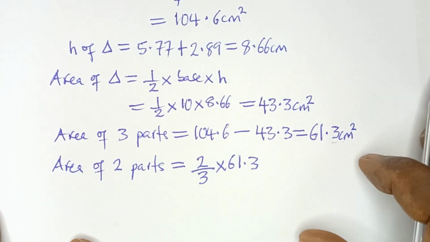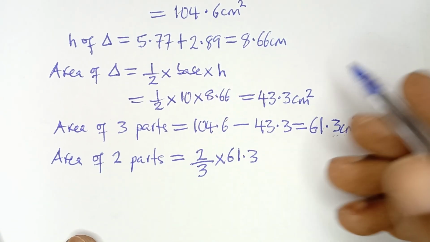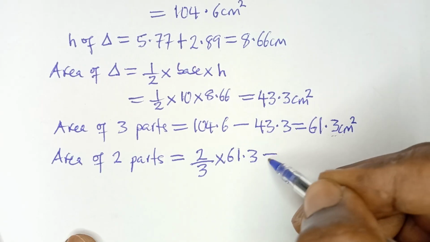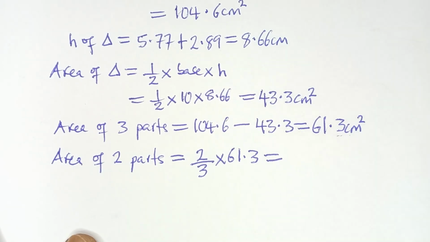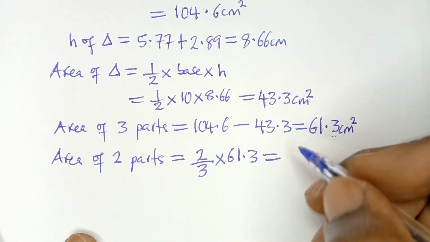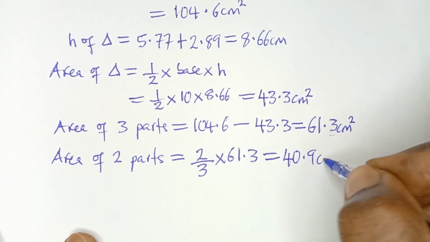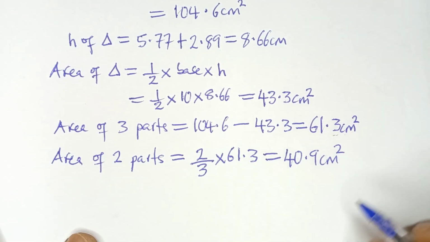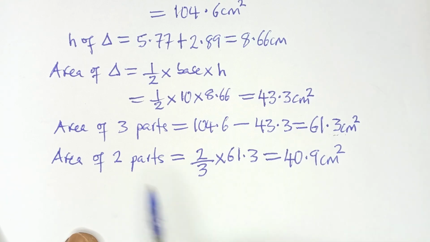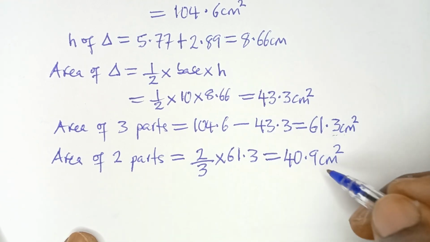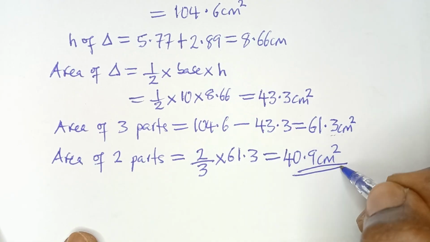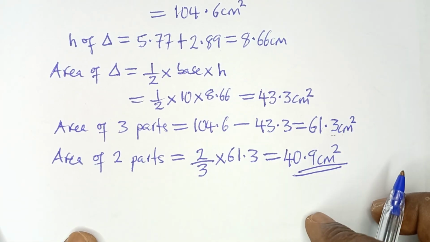So 2/3 of this will give us the final answer that we are looking for as 40.9 centimeter square. This is the area of the shaded portion that we are looking for. That gives us the final answer.